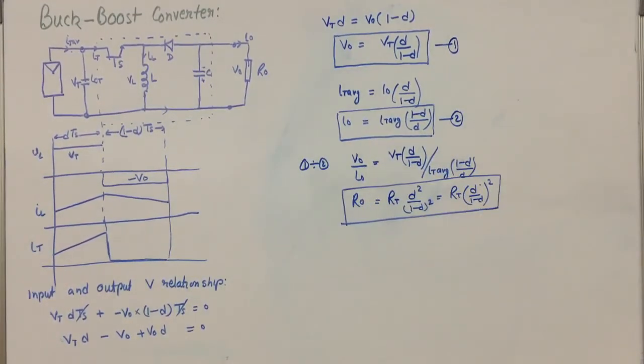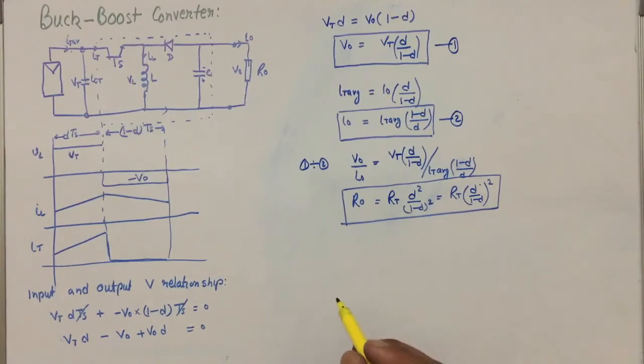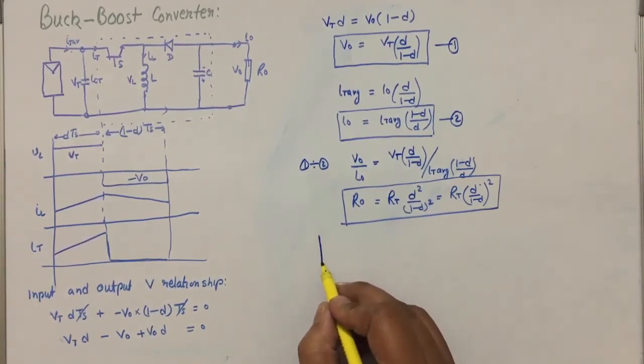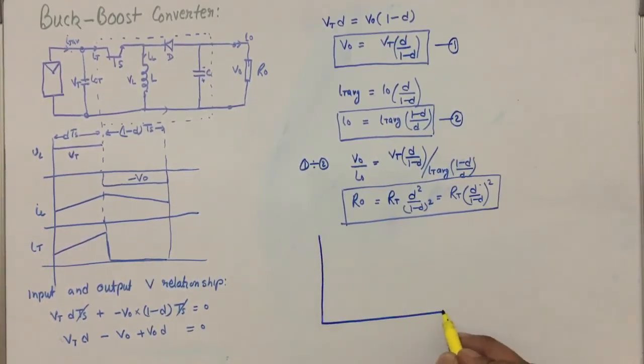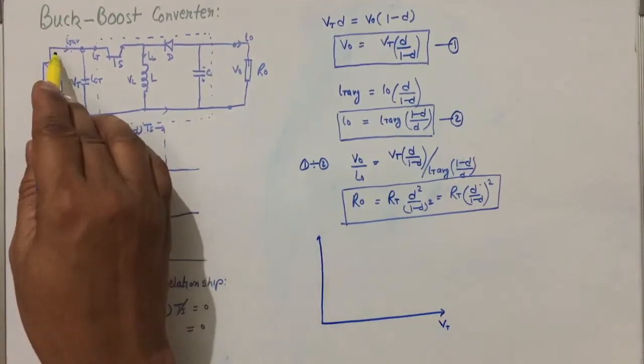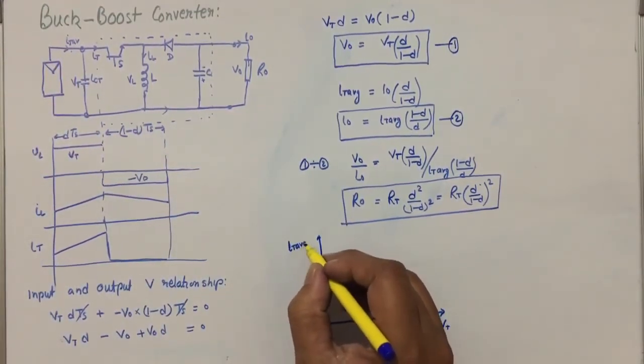Now with the help of IV characteristics, let us understand how, with the variation of D, we are able to operate at the maximum power point. So let us draw the IV characteristics: this is terminal voltage Vt, and this is the average terminal current IT average.